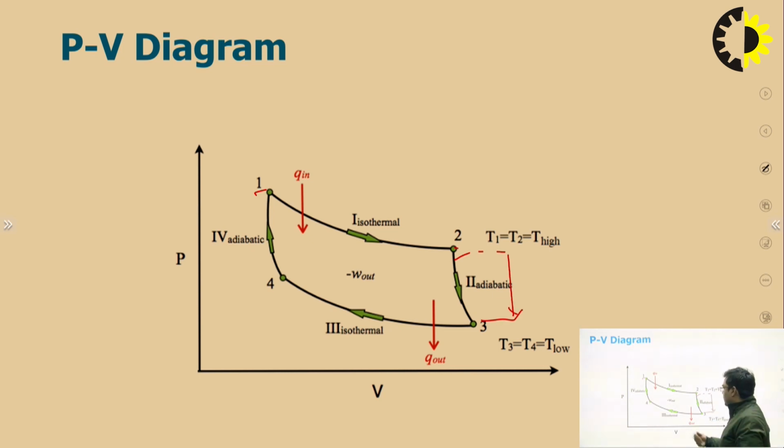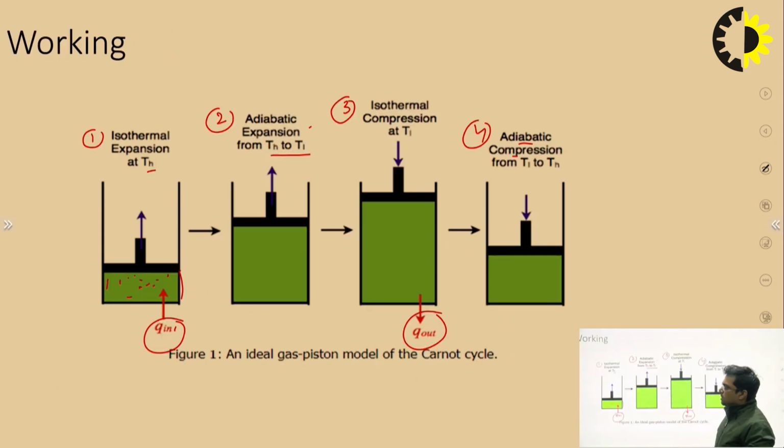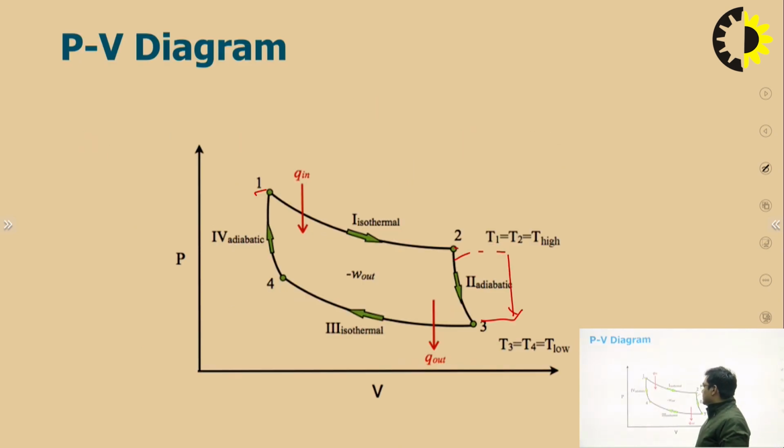In process 3 to 4, it is working in the opposite direction, that is isothermally, the volume of the gas will decrease and the pressure will increase. In process 4 to 1, the pressure will again increase. So these are the 4 processes through which we can understand the PV diagram of the Carnot engine cycle.